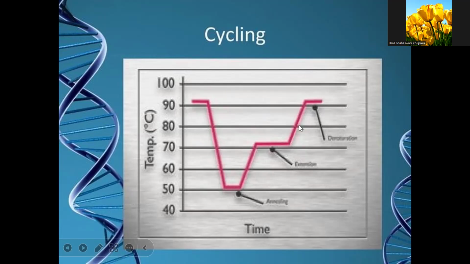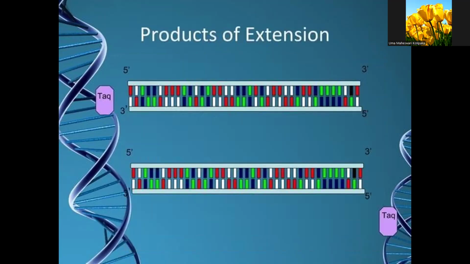Again, when we are increasing the temperature, this will denature the existed double-stranded DNA molecules. This is the plot we can draw by taking time on the x-axis and temperature on the y-axis with respect to the PCR procedure.